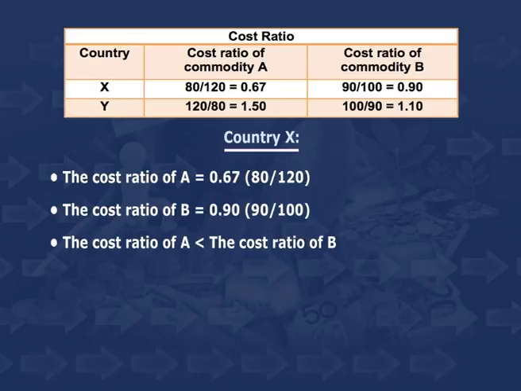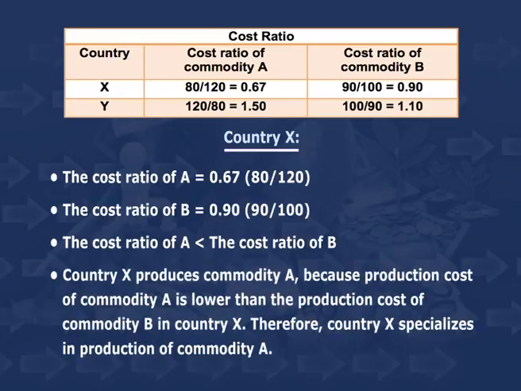The cost ratio of A is less than the cost ratio of B. Country X produces commodity A because production cost of commodity A is lower than the production cost of commodity B in country X. Therefore, country X specializes in production of commodity A.